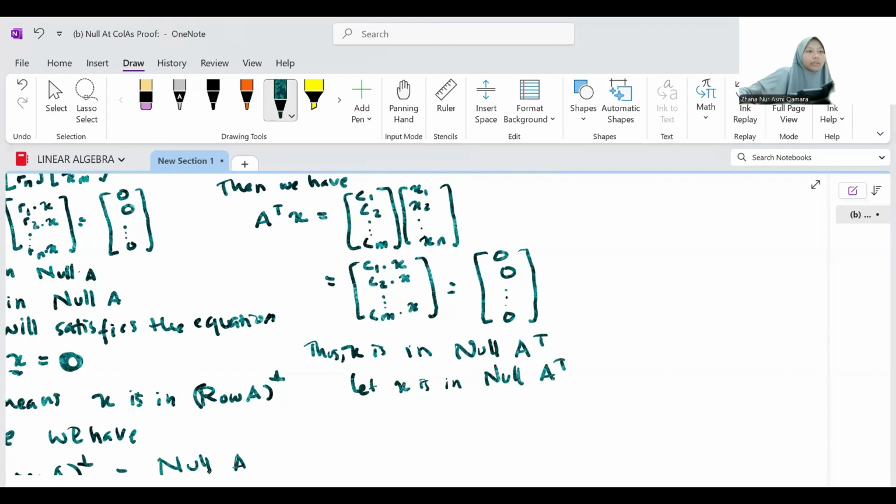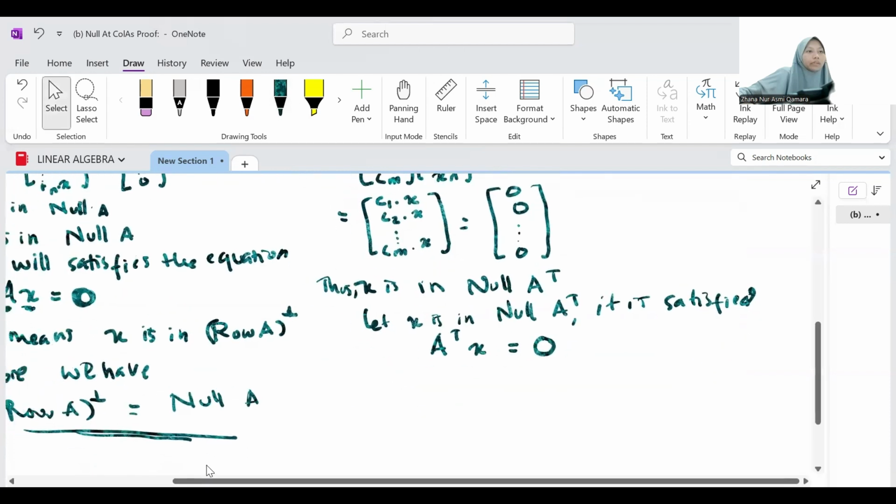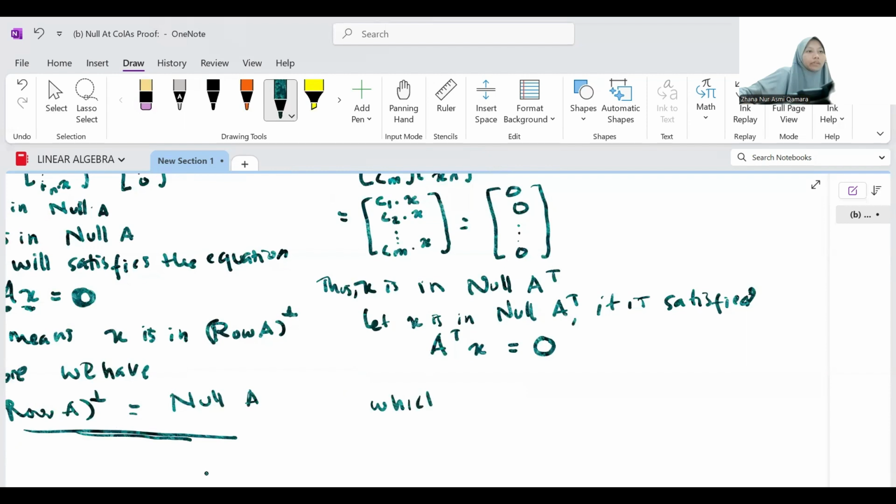That means it satisfies that A transpose x equals the zero vector, which means that x is in the orthogonal complement to the row space of A transpose.